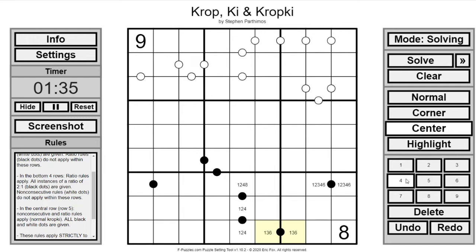So I think this must be a 3, 6 pair then. Yeah, it can't use the 8. So that's a 3, 6 pair, so this also shouldn't be able to be a 3, 6 pair.